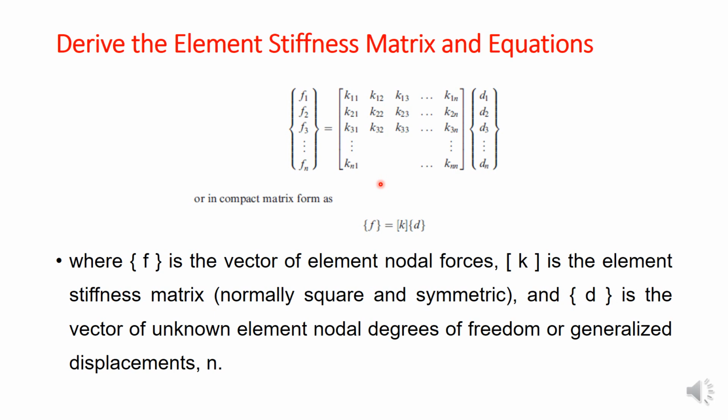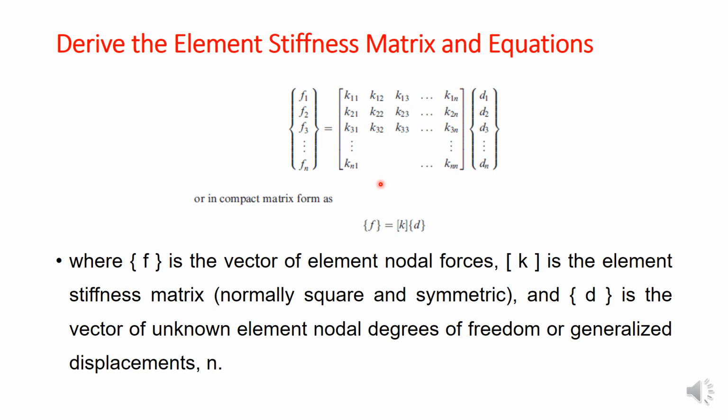They are especially useful when the potential energy is not readily available, because to use the work or energy method we need the equation for the potential energy. If you can't find the equation for potential energy, then it's better to go for methods of weighted residual. And as I said, the Galerkin method is one of the commonly used weighted residual methods.